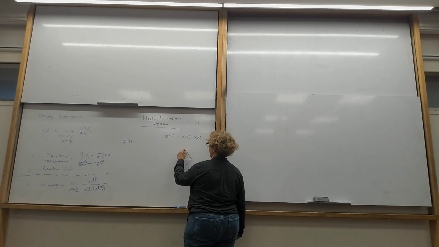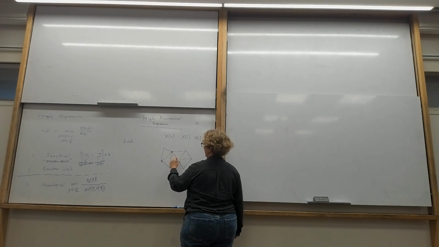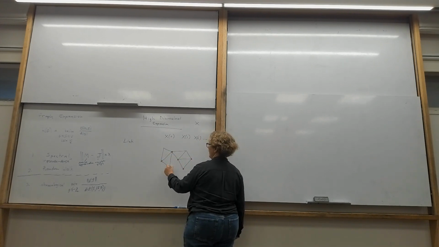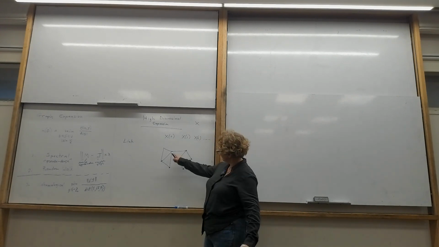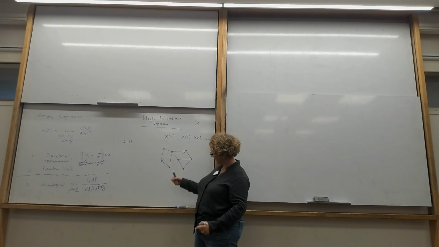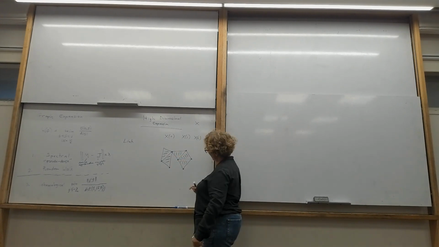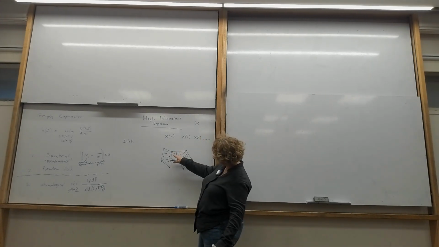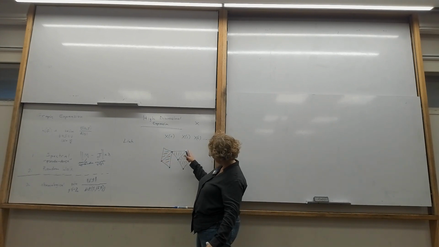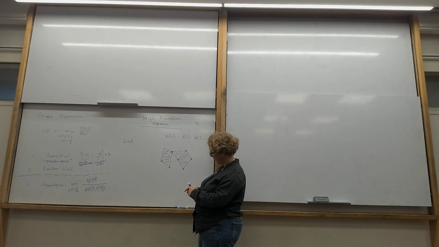Say I can draw some complex like this, and then the link of a vertex, you look just at the parts which are either edges or triangles that contain this vertex. So here I'm thinking of also having this triangle. So for example, the link of this vertex was all the triangles that contain this vertex, you take their edges, and all the edges that contain this vertex, you take the vertex.